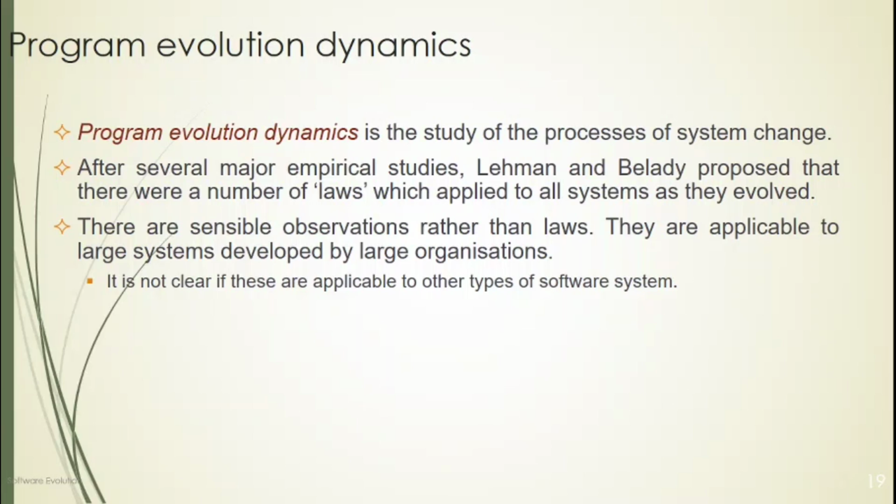In the 1970s and mid-1980s, Lehman and Belady carried out studies of system changes with a view to understanding more about the characteristics of software evolution. During software evolution, what changes happen in the program, and if it changes, what action has to be taken, and so on. That was studied by these two authors, Lehman and Belady, and it is famously called Lehman's laws of program evolution dynamics.